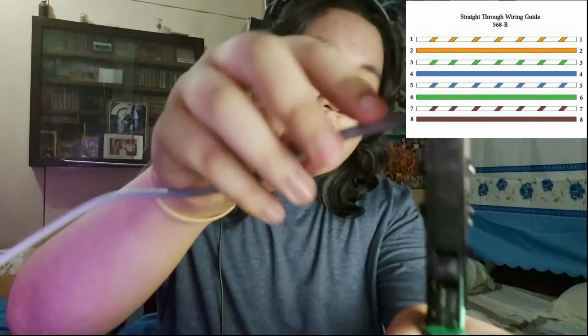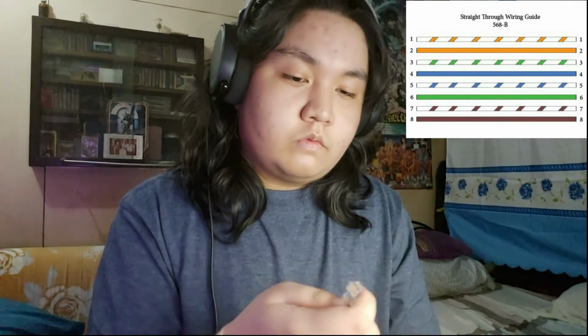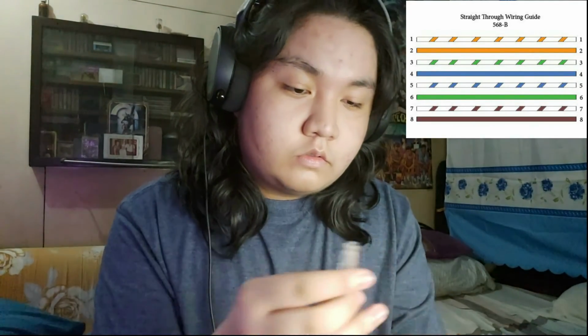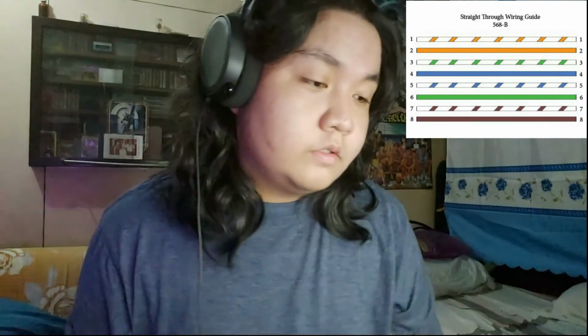Then after that, we use our crimping tool. There we have our first side, or I mean the first point, and then let's do it on the other side.